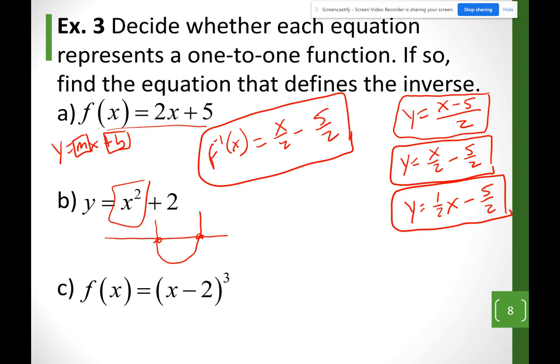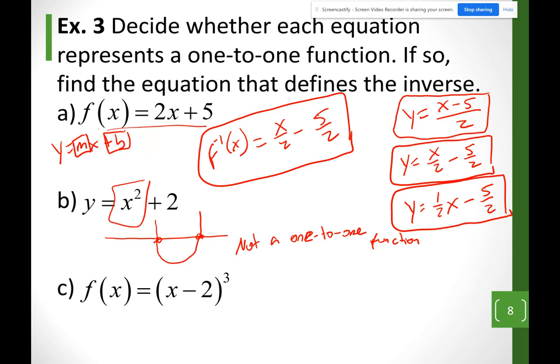So by all means, it is not a one-to-one function. Right, it failed the horizontal line test.